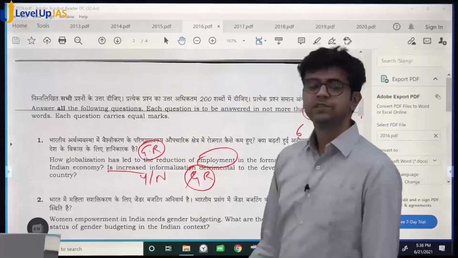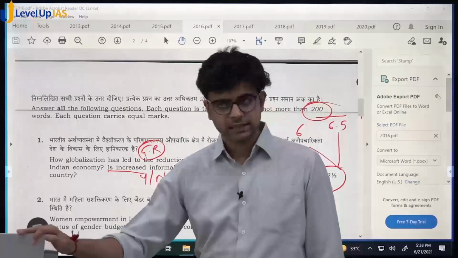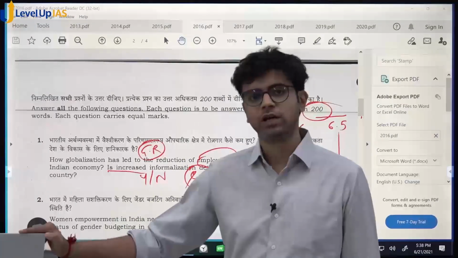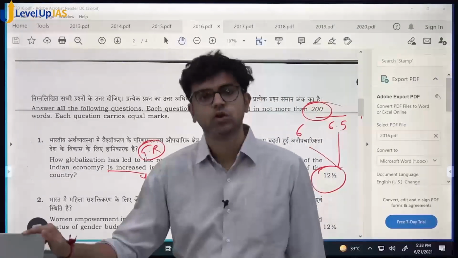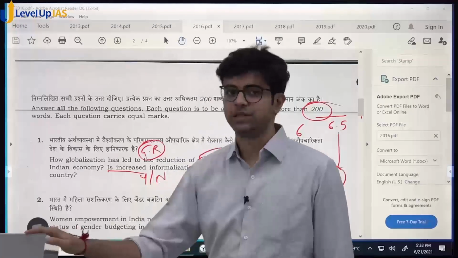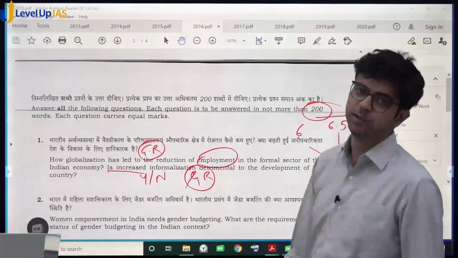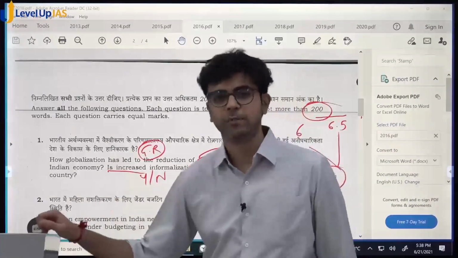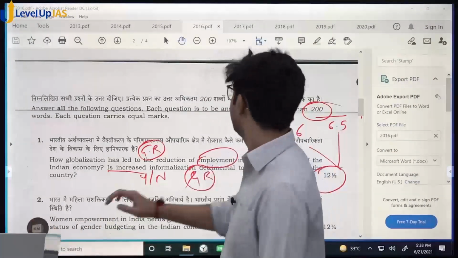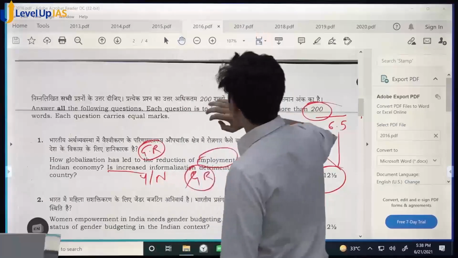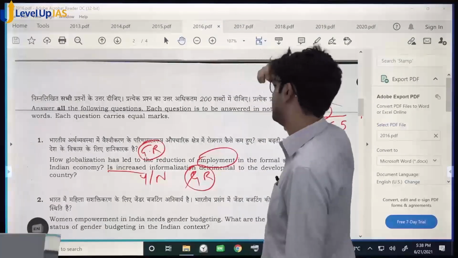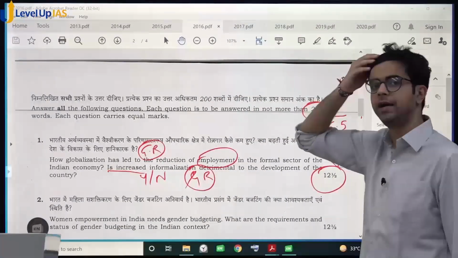Okay? So please write this in point 1 only. I would suggest write this in point 1 only. Write 2016 question 1 in point 1. Again employment. So we have seen 2 questions on employment. One on informal, formal employment. And the one before that we saw in 2017 was on capital intensive, export, on employment.